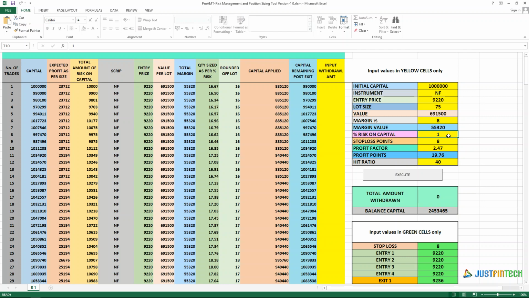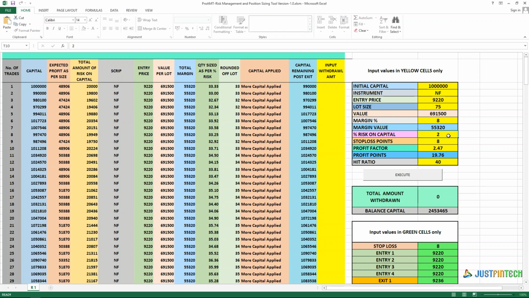because then you have a chance of taking 10 consecutive losing trades. And here in the sheet, if the capital applied goes above your capital, this will automatically stop the calculation. Let's say I take a risk of 2%. The lot size tradable would be 33, but the capital applied would be much higher than available capital.